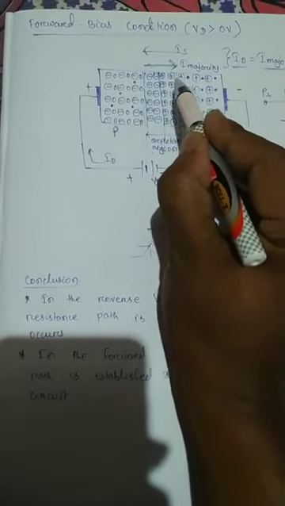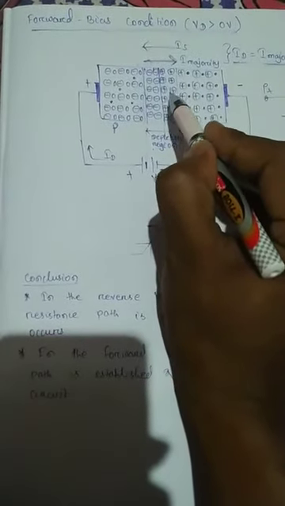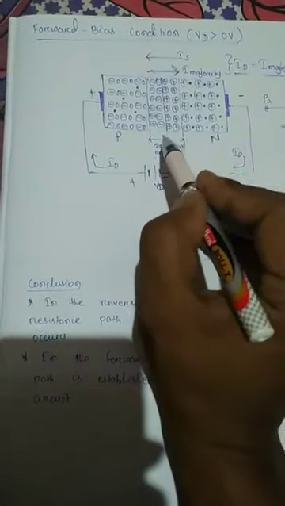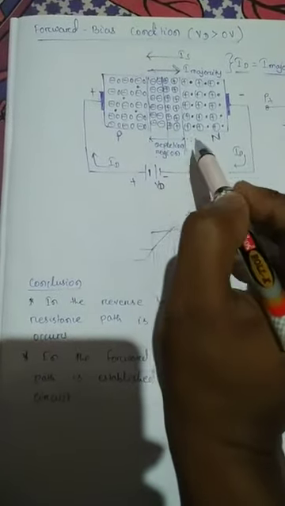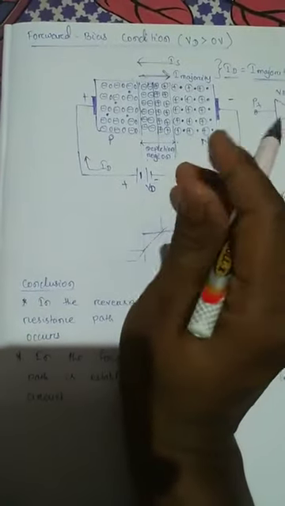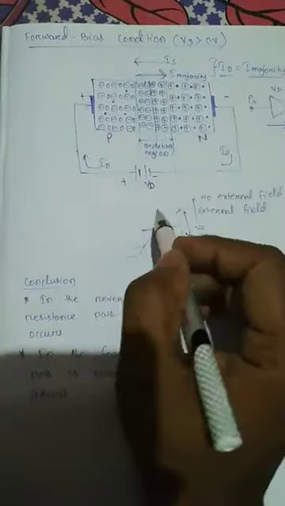As a result, these electrons will neutralize the uncovered positively charged donor ions. So what happens? The width of the depletion region decreases. That means in case of forward bias condition, the width of the depletion region decreases.